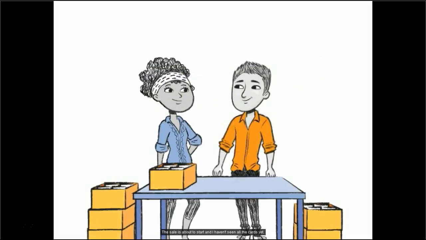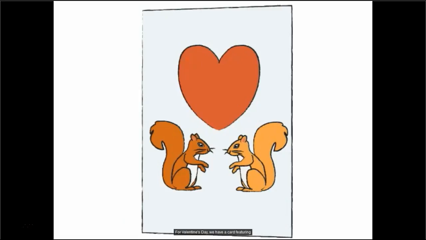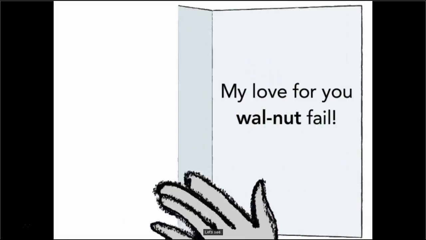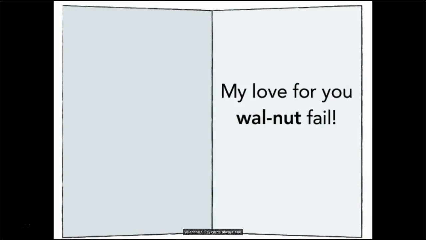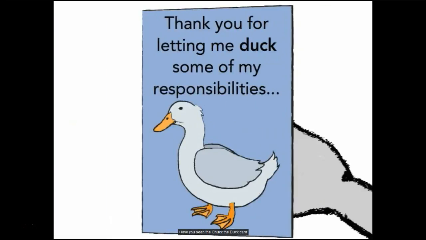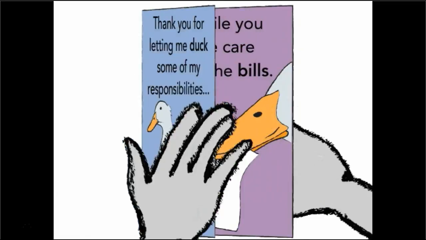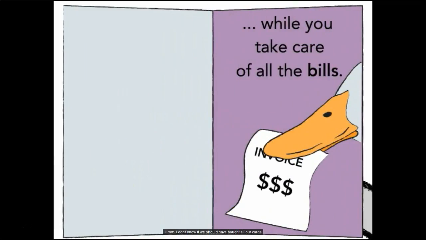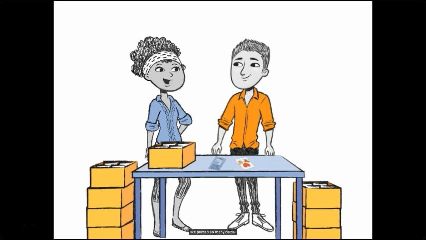The sale is about to start, and I haven't seen all the cards yet. What does the Valentine's Day card look like? For Valentine's Day, we have a card featuring Earl and Pearl Squirrel. Here's one. Let's see. We should be okay. Valentine's Day cards always sell. Have you seen the Chuck the Duck card for Administrative Professionals Day? I don't know if we should have bought all our cards from a place called the Crazy Card Company. We printed so many cards.